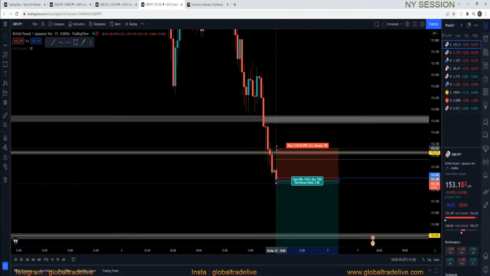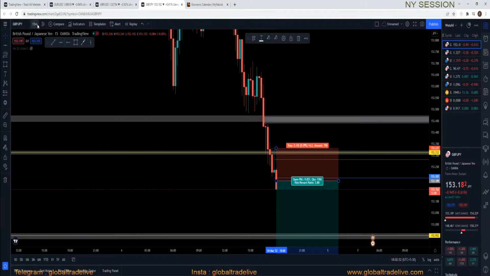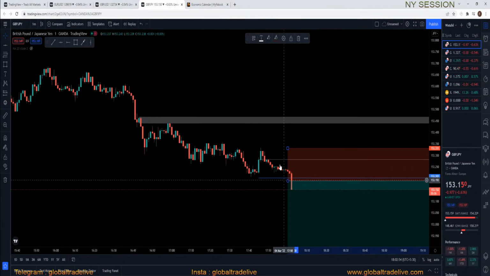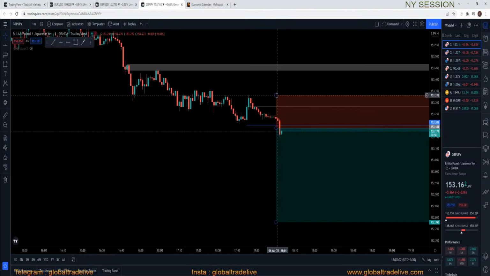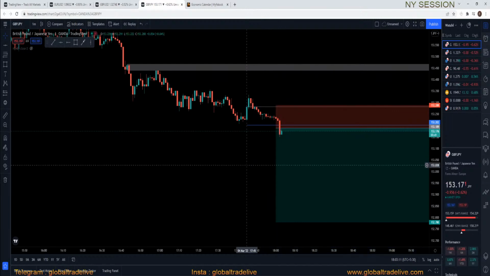Kept the stops above. Let me just go to the 1 minute. Running in 2 pips over here. Kept my stops above. This one. Then we got this one over here above this area.